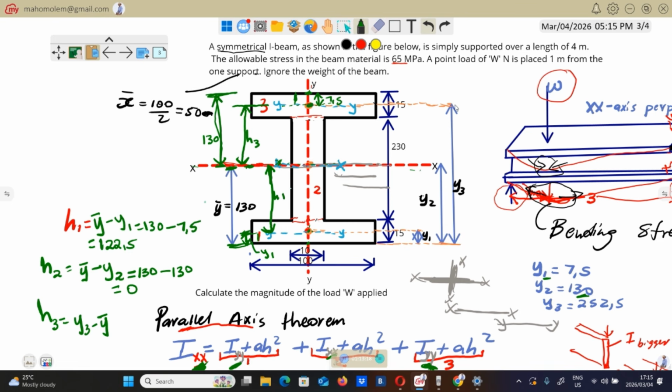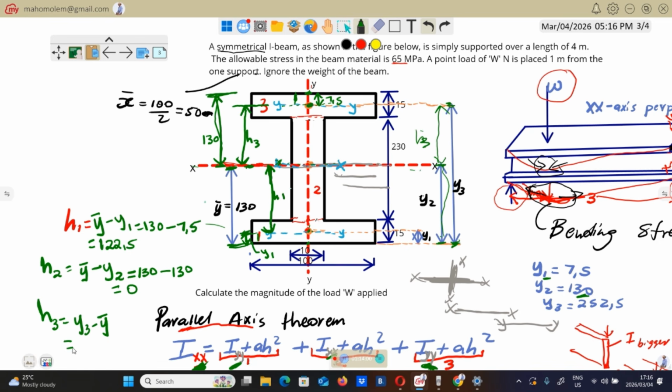Why? Because y3, check y3. Y3 is starting from here to there. Y3 is big. So when you check that y3 minus this distance, it's going to give you what? This distance, which is that h3. Y3 from here to there minus this distance is going to give you h3.